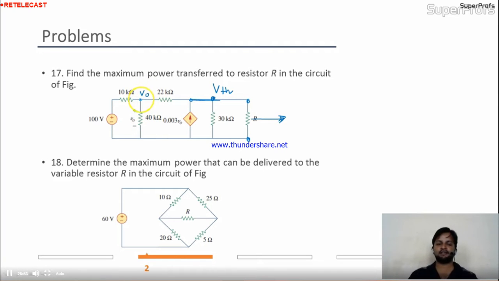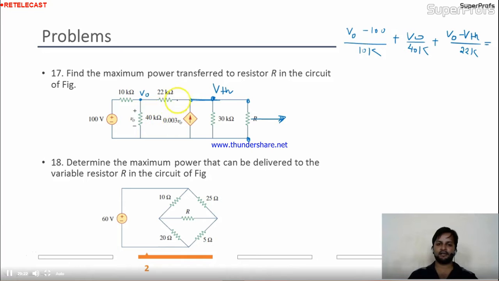Yes, I can. By applying nodal analysis at this point, I have the equation (V0 minus 100) divided by 10k plus V0 divided by 40k plus (V0 minus VTH) divided by 22k.